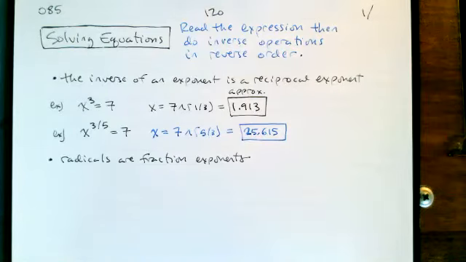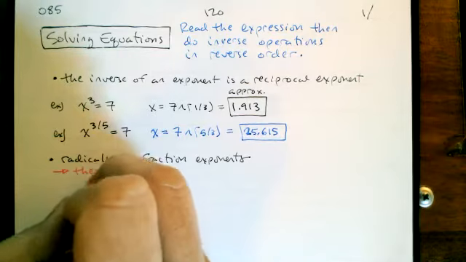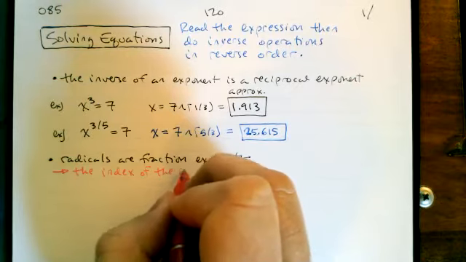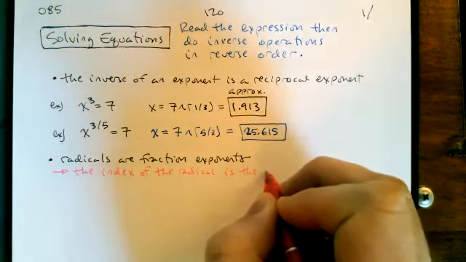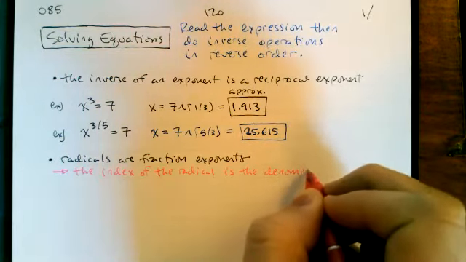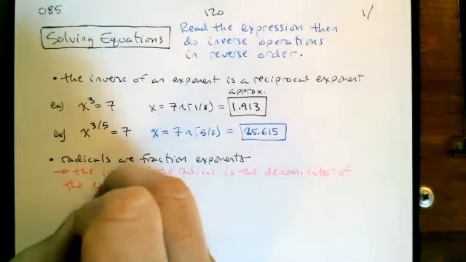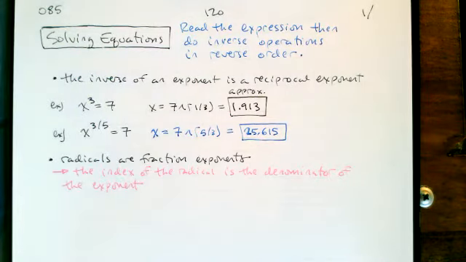So a radical is a fraction exponent where the index of the radical is the denominator of the exponent. So we really want to get the idea that when we see radicals, we should see them as fraction exponents.